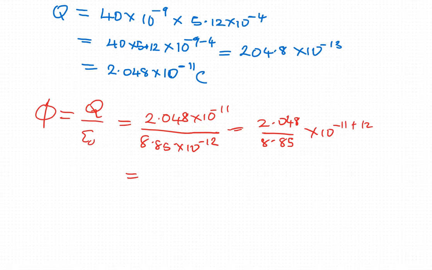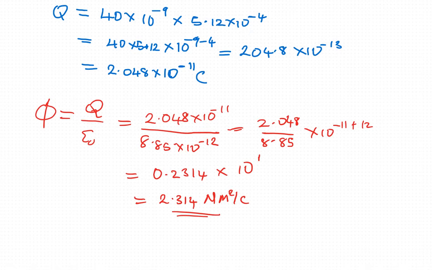When we divide this, we have 0.2314 times 10 to the power of 1. We can simplify it further to 2.314 Newton meter square per coulomb. So this is the flux.